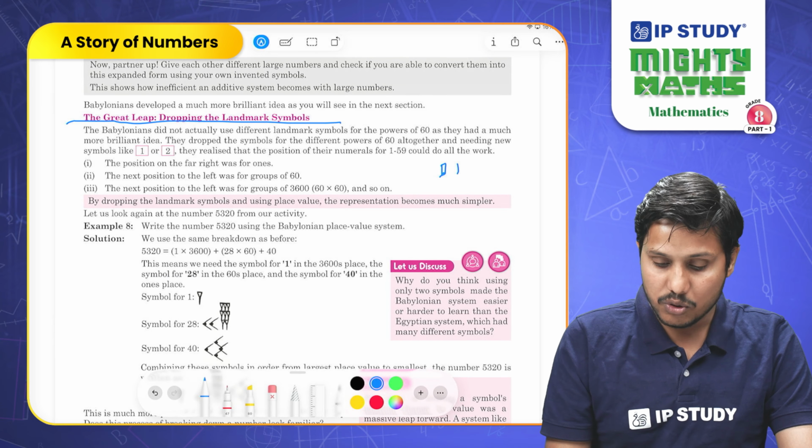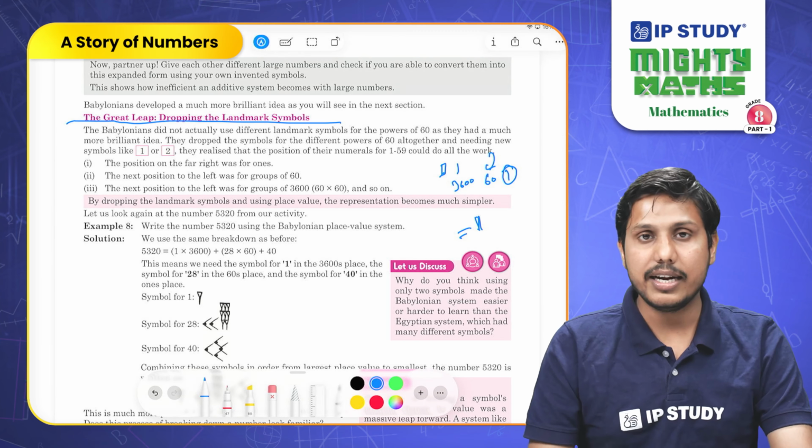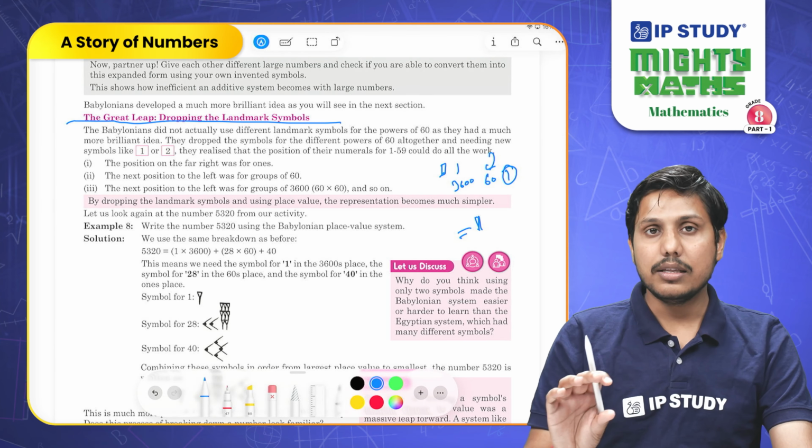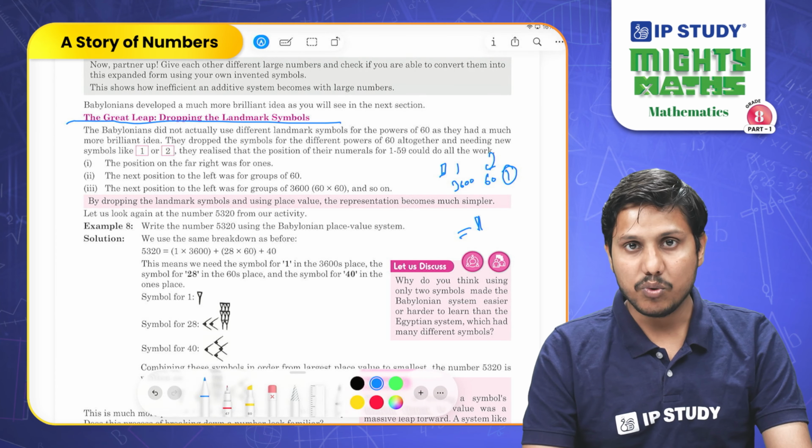And if we use only one wedge, it doesn't tell us what number it is representing, either 1 or 60, because the place value was not easily identifiable. So this was the most important part to note down when we understand the Babylonian number system.